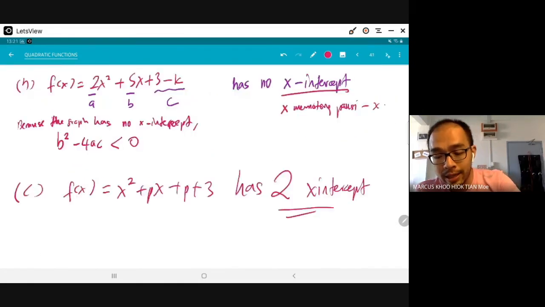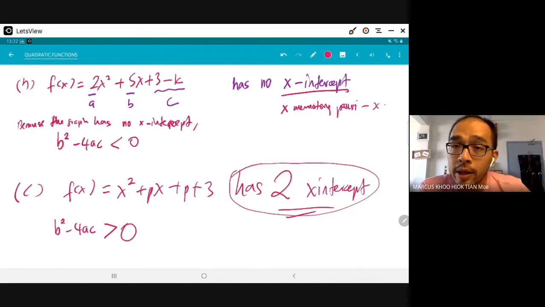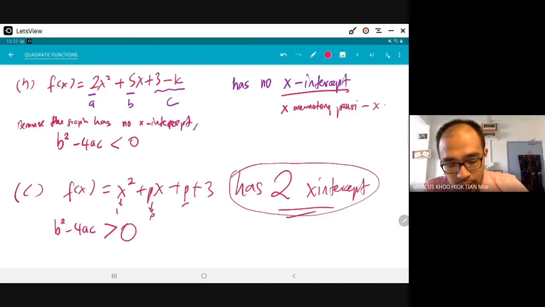Which means that this sentence, okay, ayat ini sebenarnya memberitahu kamu secara tidak langsung bahawa b² − 4ac is more than 0. Okay, so the sentence will tell you which b² − 4ac you need to use. And then of course, our A is 1, our B is p, and our C is p + 3 lah.